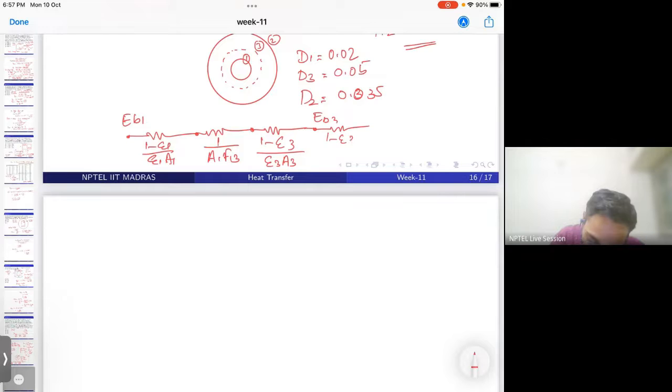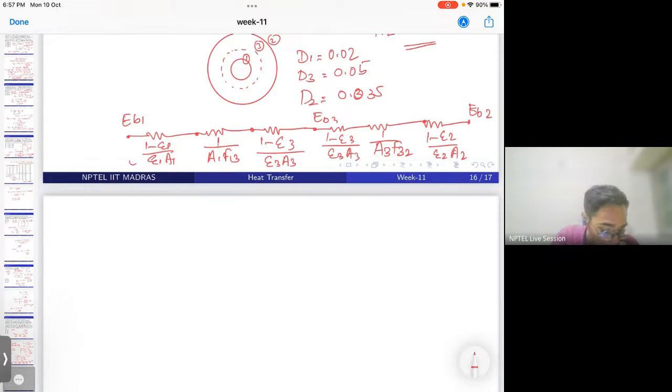Again (1 minus epsilon 3) by epsilon 3 A3, then 1 by A3 F32, then EB2, and (1 minus epsilon 2) by epsilon 2 A2.